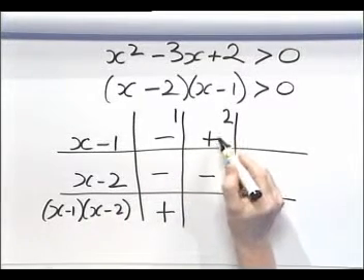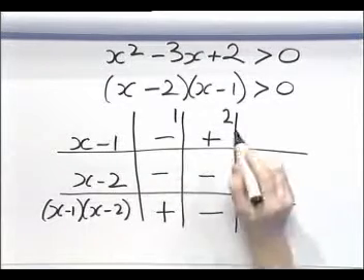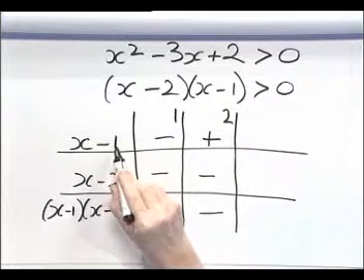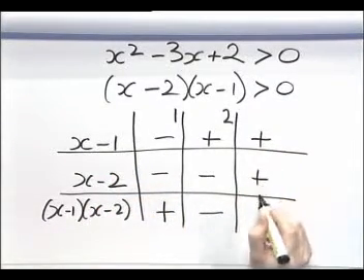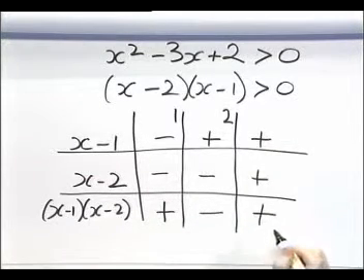So when you multiply them together, their product will be negative. Finally, when x is greater than 2, both x minus 1 and x minus 2 will be positive, and if you multiply them together, their product will also be positive.